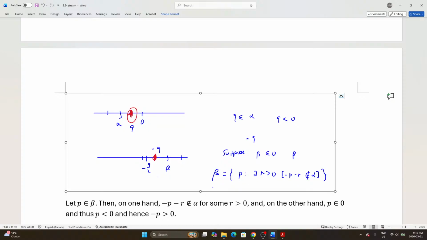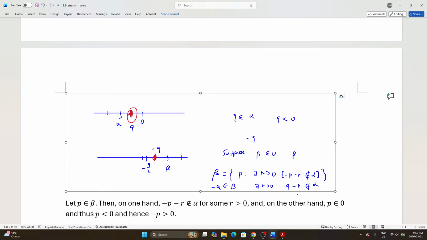So if I say minus Q is in beta, that means there exists R greater than 0 such that, minus minus Q, which is Q, Q minus R is not in alpha.